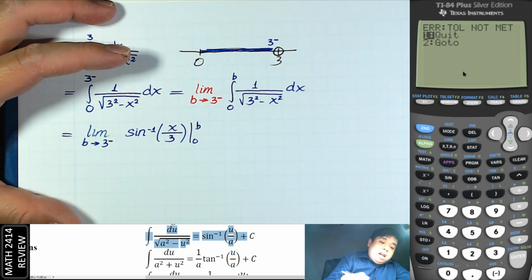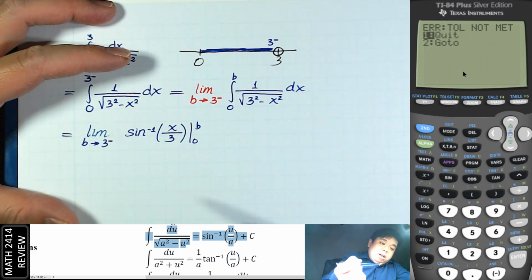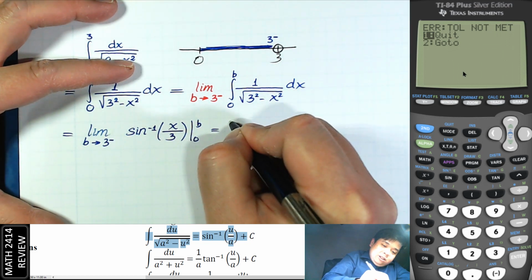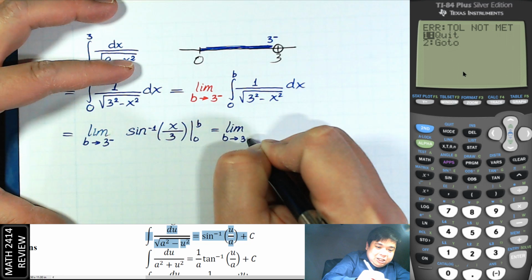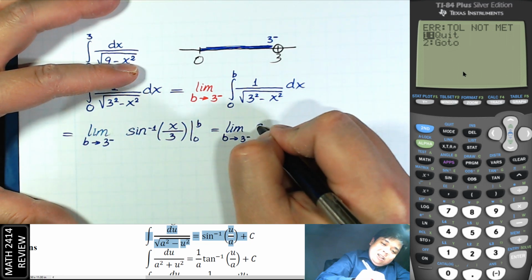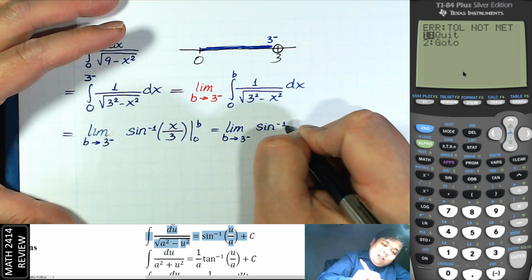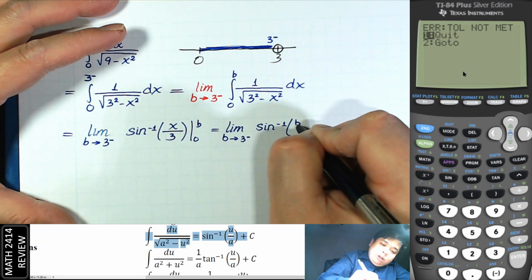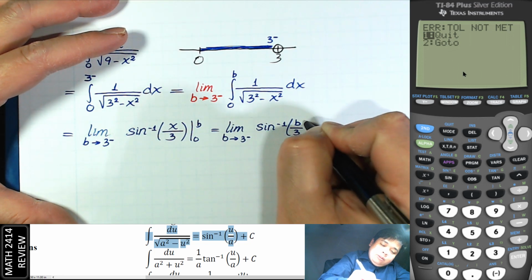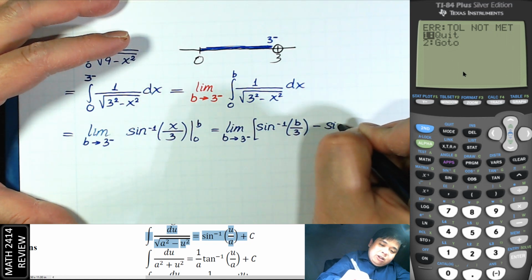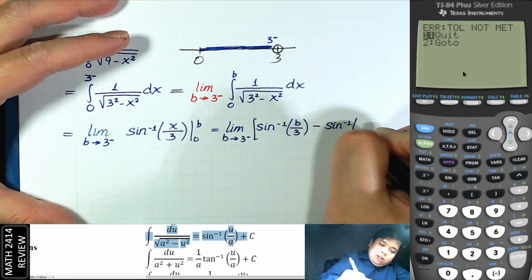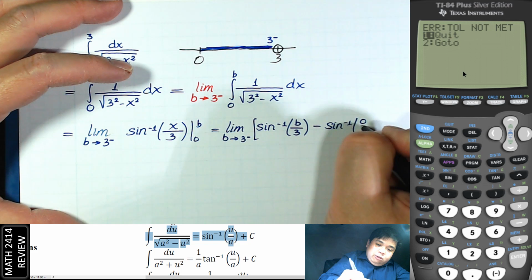Right, so just that. Now to substitute the limits. Fundamental theorem of calculus. Sine inverse of b over 3 subtract sine inverse, put in 0 over 3.